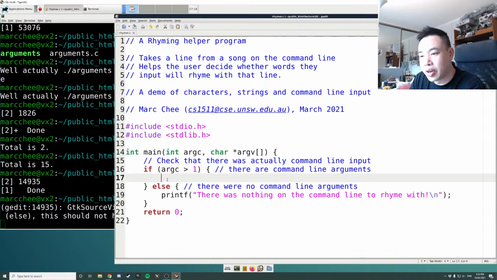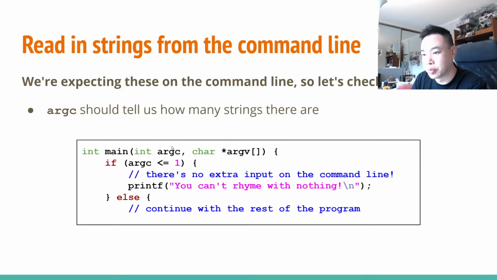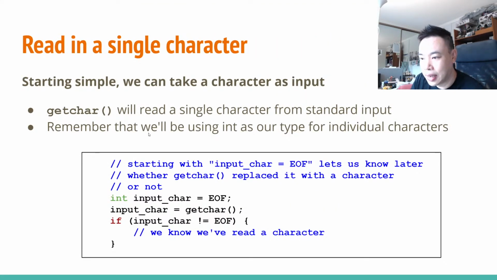If we have argc greater than 1, that means that we do have some command line arguments. And so what we might do then is, if there were command line arguments, let's start with a simple program.